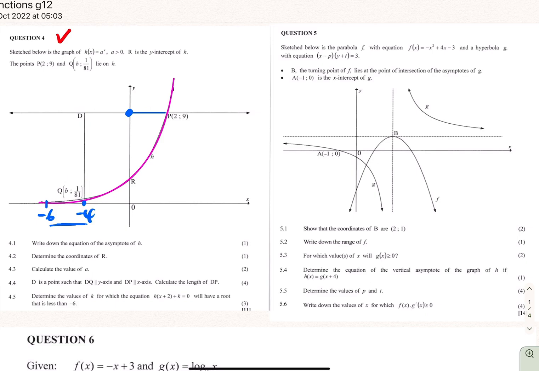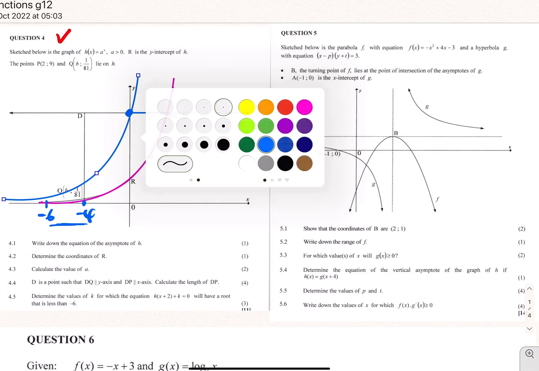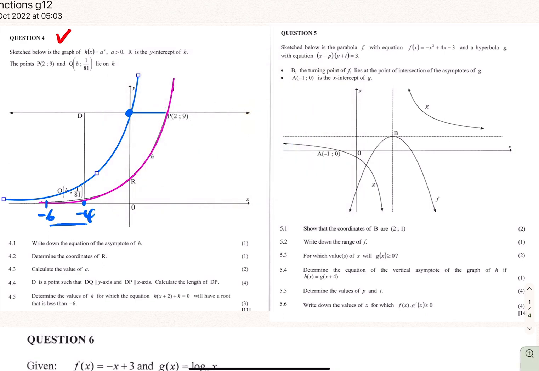Now check. I'm now going to translate this function just like that. We're just going to cut at 9. I'm now moving to the left, and let me make this one blue so that you see what is really happening. So I moved to the left by 2 units. The center for this question should be here.